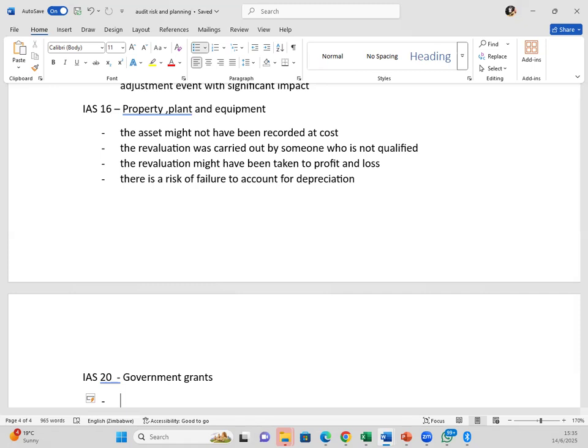especially if the capital grant is using the deferred income method, has a potential problem.